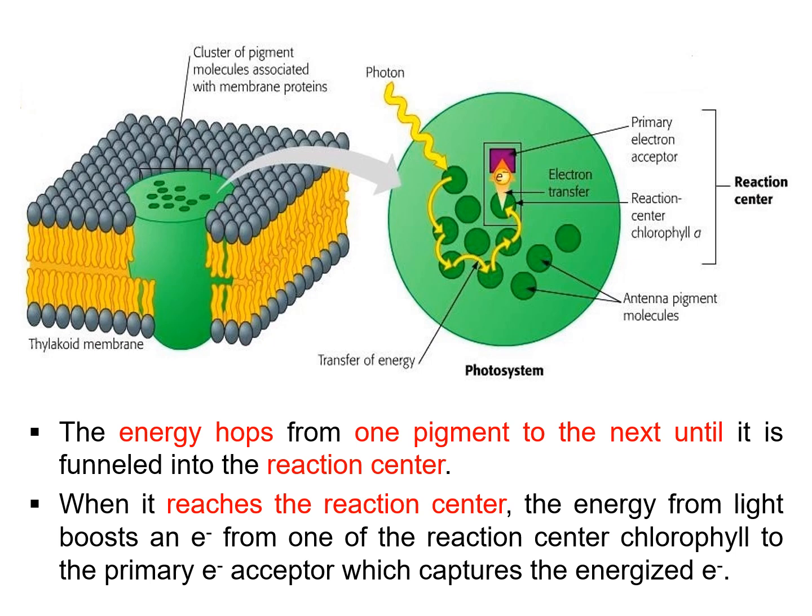Based on this process, this electron will lose some energy because it is indirectly transferring energy while hopping from one pigment to another until it reaches the reaction center, which means the level or amount of energy may be reduced.